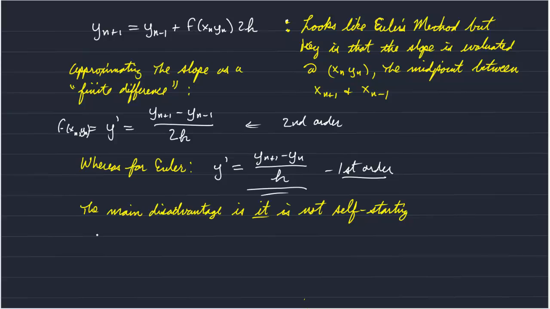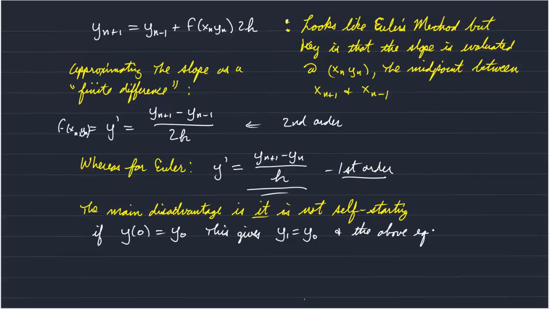Meaning that if we're given y at point 0 is equal to our initial condition, this gives y1 equal to y0, and the above equation requires f of x2, y2, right?